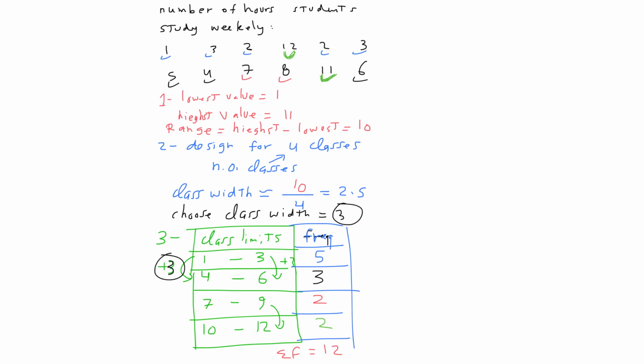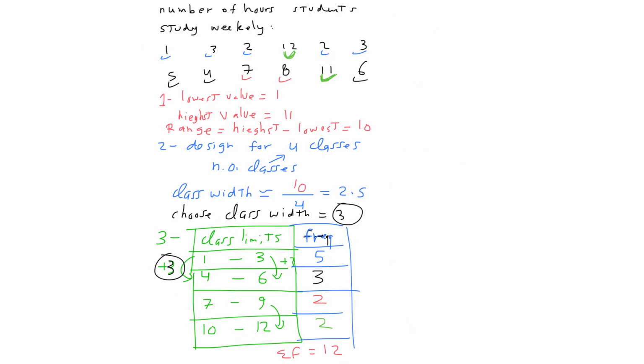You need to have 4 classes as required so that the first class has the lowest value, and the last class has the highest value, and you still cover equal distance between classes, and you have reasonable class widths, and you have reasonable class limits, and you don't have any big gaps between limits or anything like that. So once you do that, you start collecting the data, putting the right frequency for each class, and this will be your design.